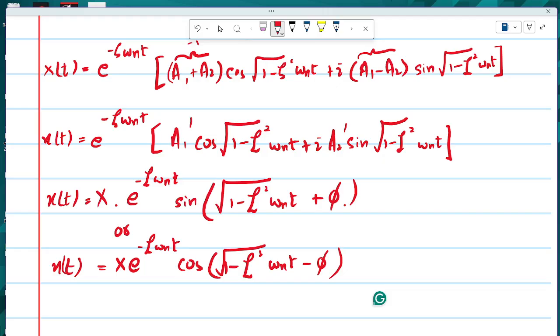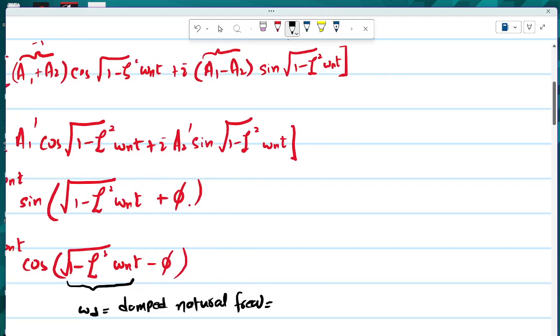So this is how we can find it. In this whole equation we can simplify further. This term itself is called ωd, the damped natural frequency, which equals ωn times √(1 − ζ²).